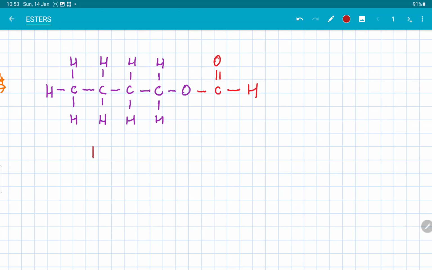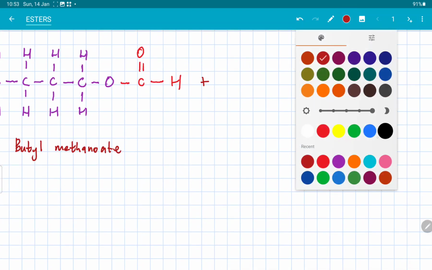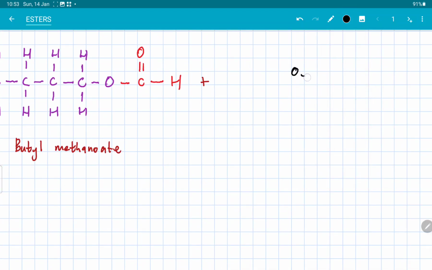So this is what you call butyl methanoate. Remembering that the final byproduct here is water, so don't forget that part. Water.